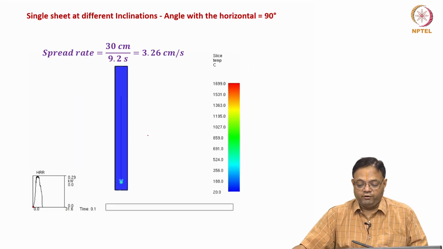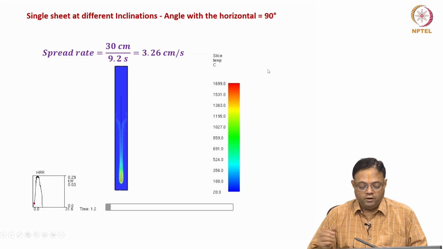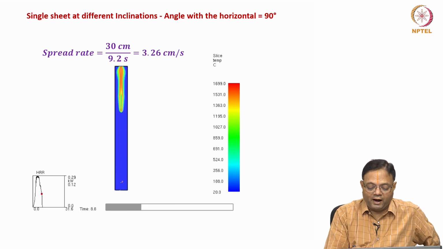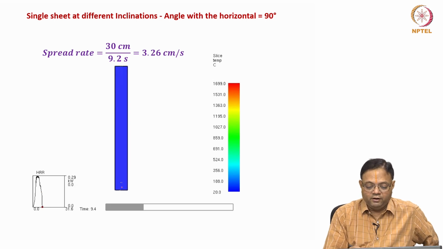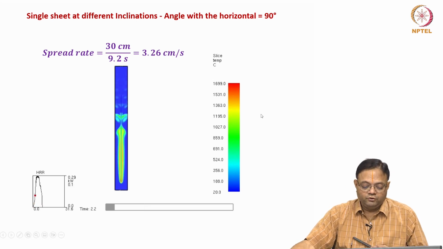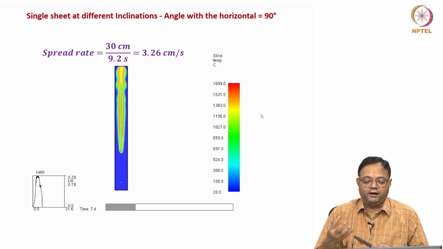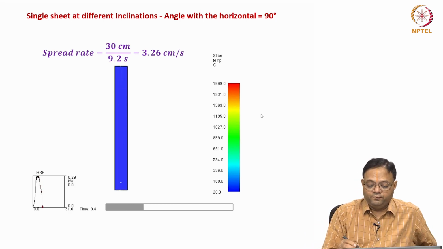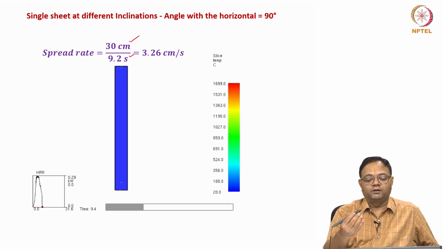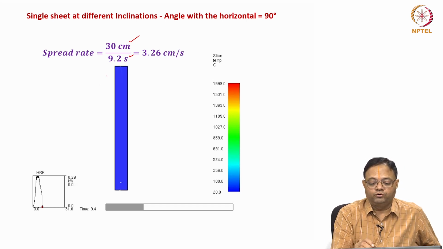So this is the video which shows that after ignition, the flame rapidly spreads, and you can see the vortices which are formed. Since the fuel is a thin sheet, as the flame spreads, the fuel is also consumed, and in the gas phase you can see the oscillations because of the entrainment of air. This is a 30 centimeter long sheet, and for the flame to spread over and consume it takes about 9.2 seconds.